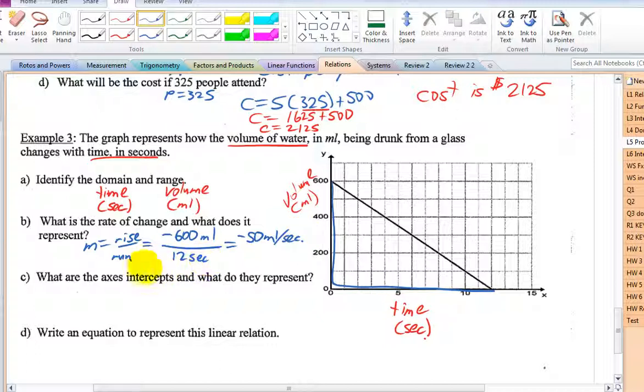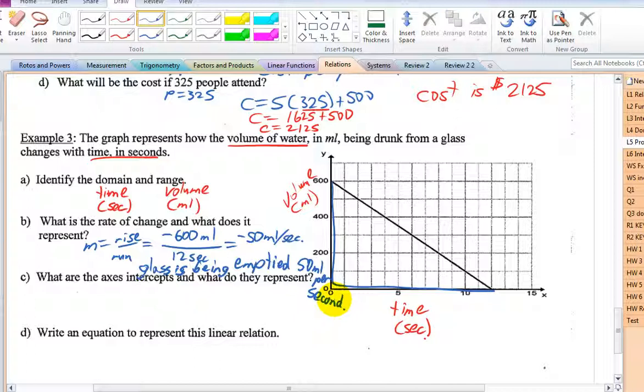Okay? And I'm going to say the glass is being emptied 50 milliliters per second. Okay. I use PER, per, for per. I don't use my line.